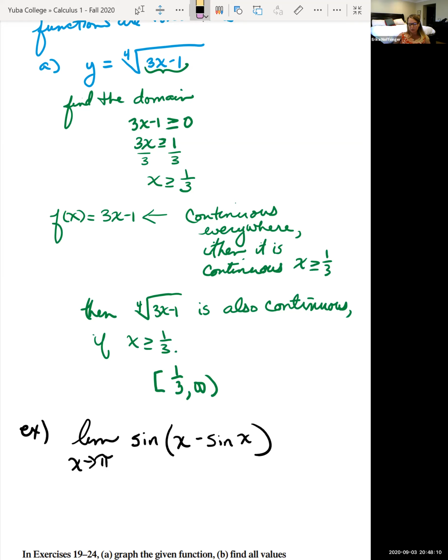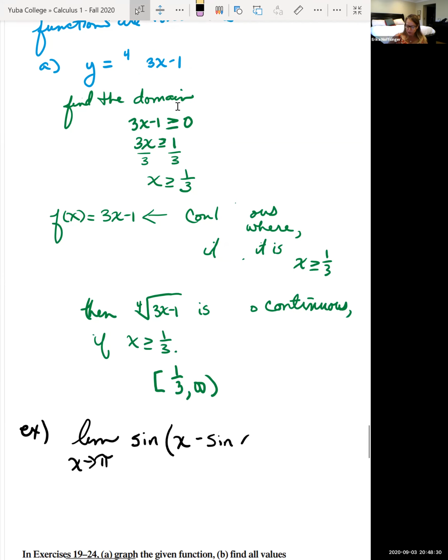Trigonometric functions, sine and cosine, if you remember the graphs of those, are continuous everywhere, from negative infinity to infinity. It was the other trigonometric functions we had to worry about, where if we rewrote them in terms of sine or cosine, we had to worry about what value sets the denominator equal to 0. But sine and cosine are continuous everywhere.